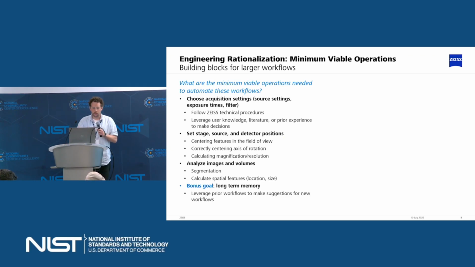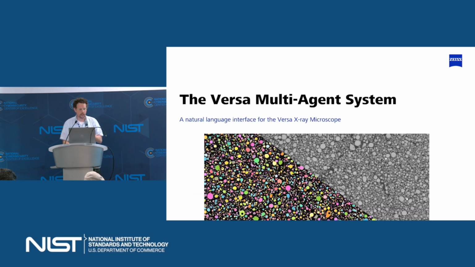And a bonus goal that we're going to be talking about today is it would be nice if the system had a long-term memory. So if it could remember previous workflows that it's developed, and then when a new user comes along, leverage that previous workflow to increase the success rate. So these are the minimum viable operations that I want my system to be able to do right now. Let's get into the details of how this multi-agent system actually works.